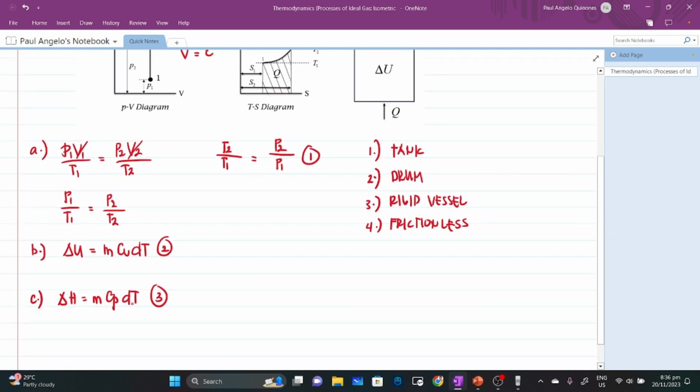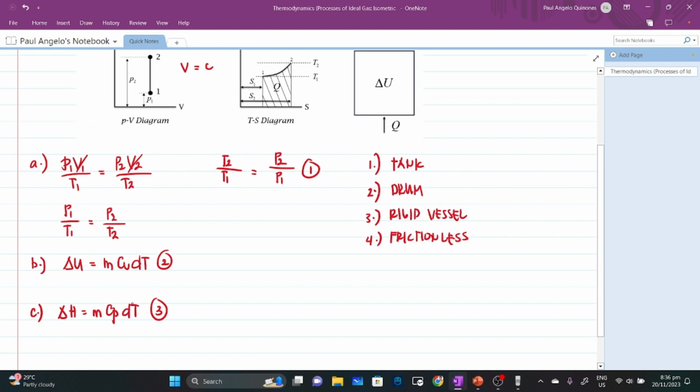Next, letter D, heat. The general equation for heat is m c dT. Take note that the heat is always dependent upon the process the gas is undergoing.